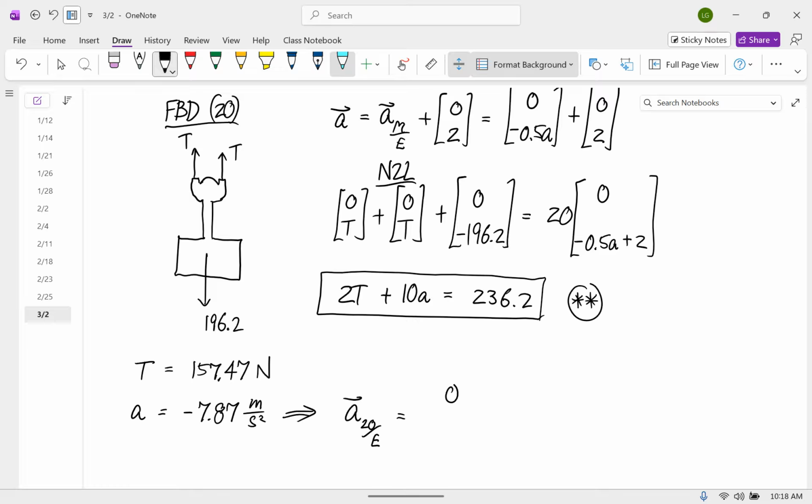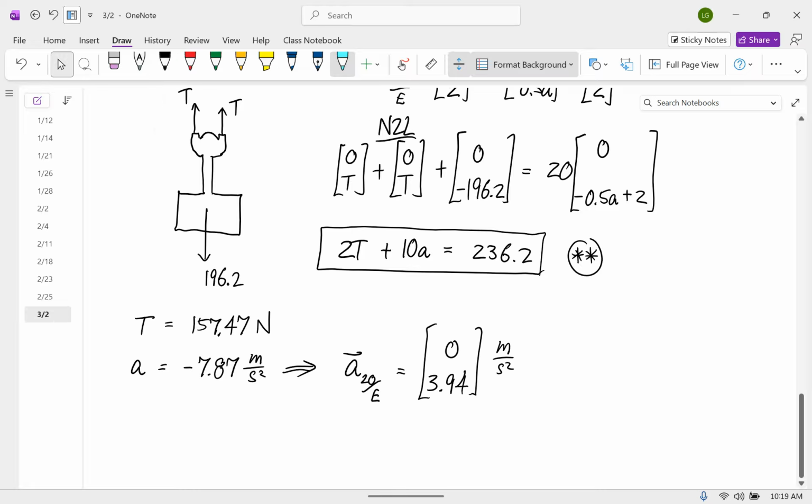So that is 0, 3.94 about. So bigger acceleration.